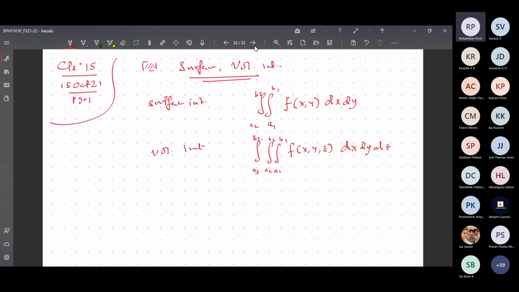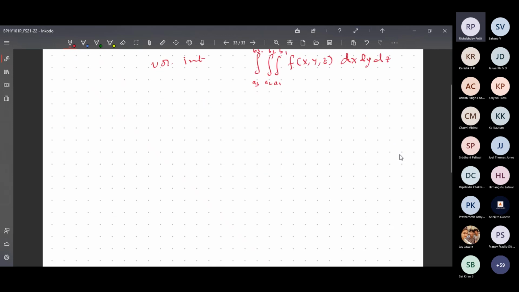It is a very rough cut version, but your understanding should be clear that dx dy is a prototype surface, and dx dy dz is a prototype volume. Just like dx is a length interval, if I multiply two length intervals it gives you a surface area, and if I multiply three length intervals it gives you a volume.